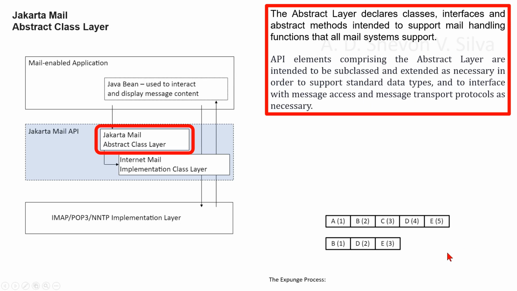The next point: the expunge process becomes complex when dealing with a shared folder that can be edited. Consider the case where two clients operate in the same folder. Each client possesses its own folder object, but each folder object actually represents the same physical folder. If one client expunges the shared folder, any deleted messages are physically removed from the folder.